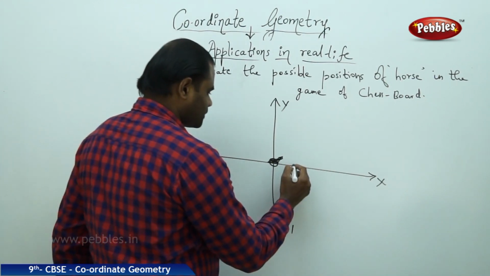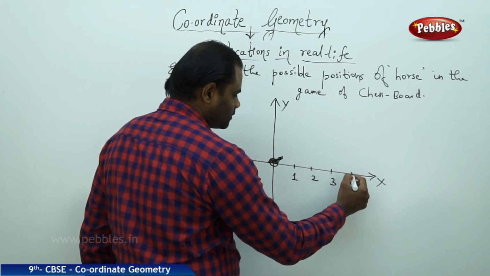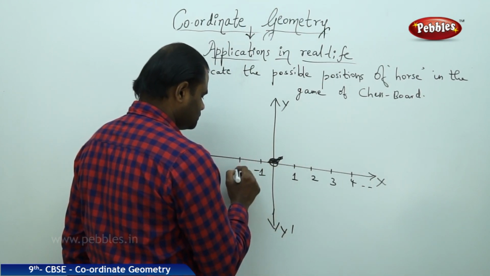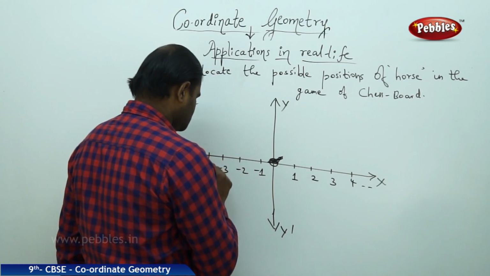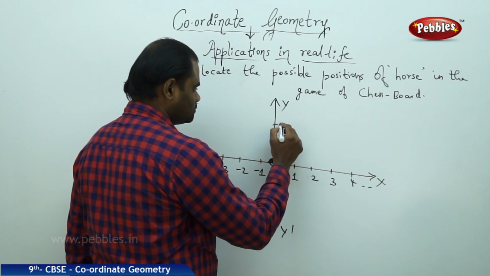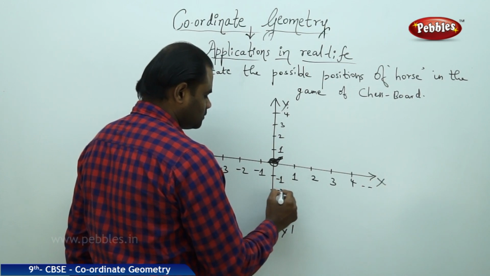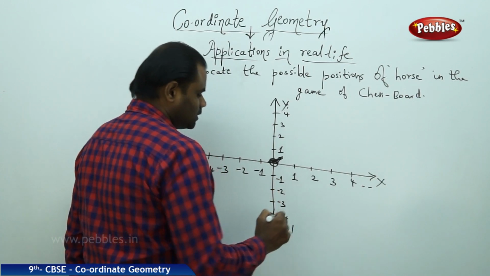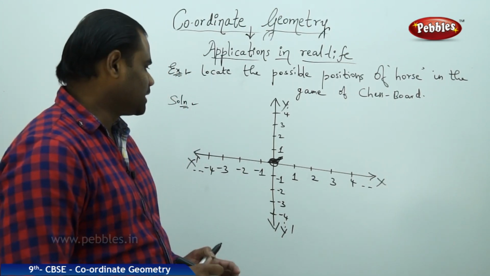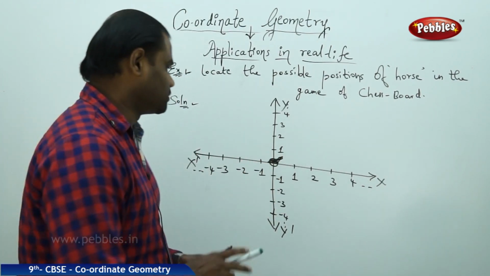Now here, let's take the values on the x-axis as 1, 2, 3, 4, etc. And here comes -1, -2, etc. So with this coordinate system, the horse is assumed to be in its initial position, that is at the origin.